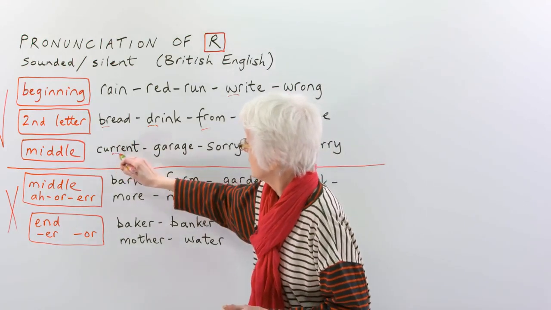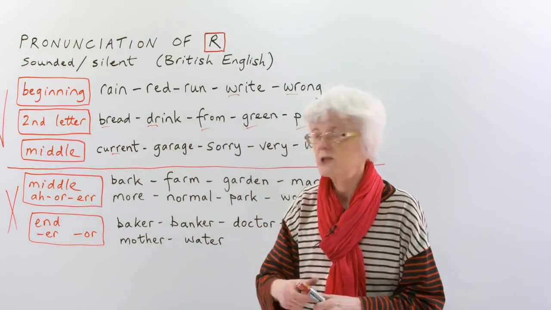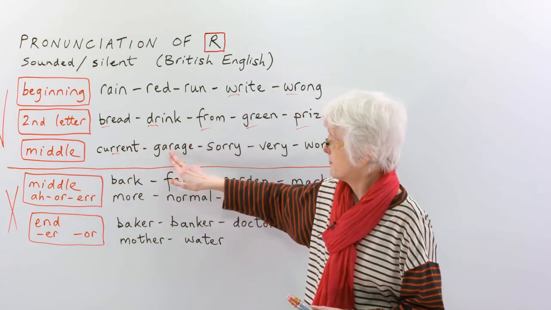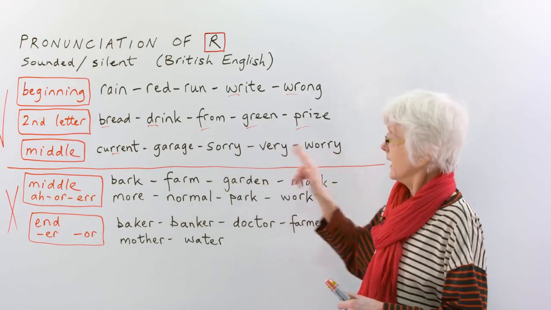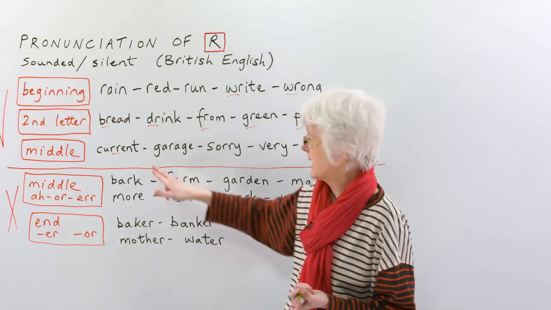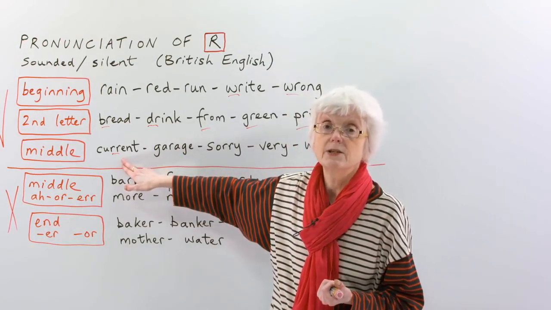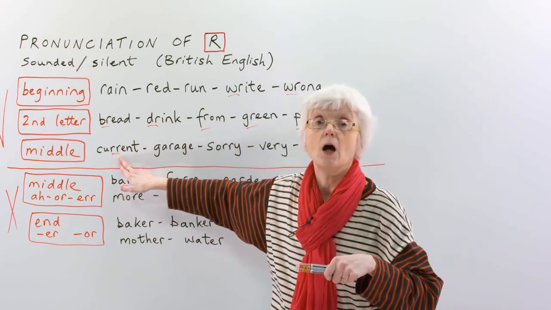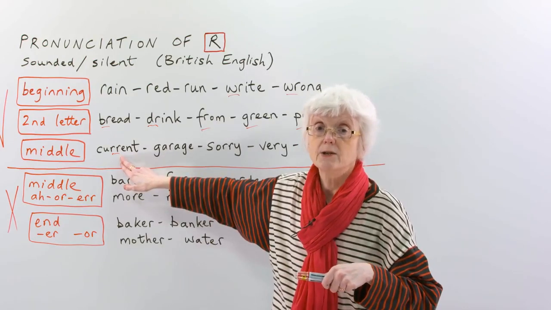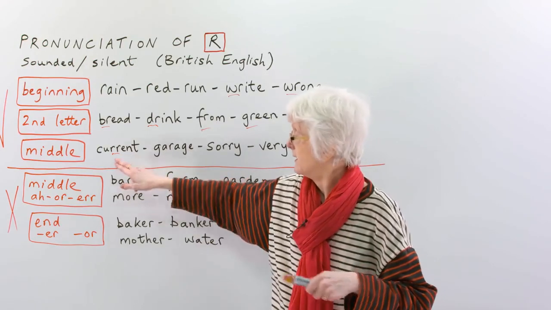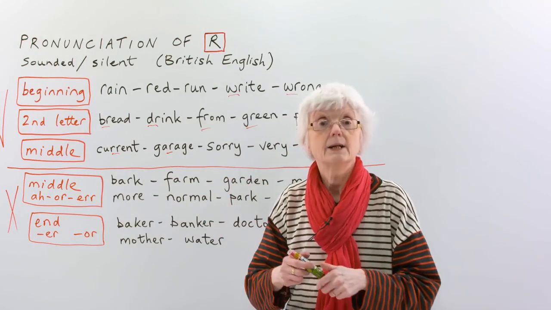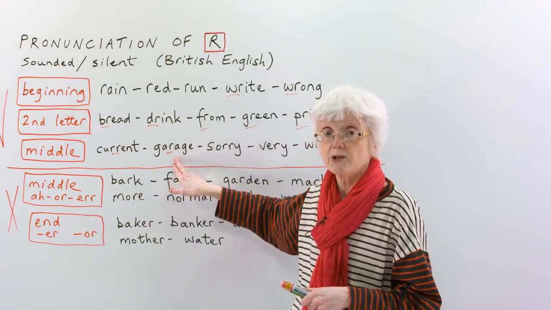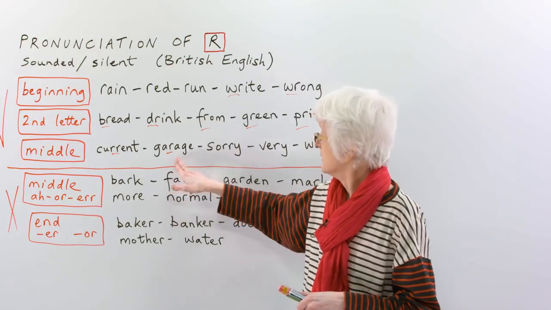So with a word like current, it's spelt sometimes double R, sometimes one R, but it's the same sound really. So current, the R falls on the second syllable. Current. So the R is sounded there. And garage, again it's the second syllable. Garage.